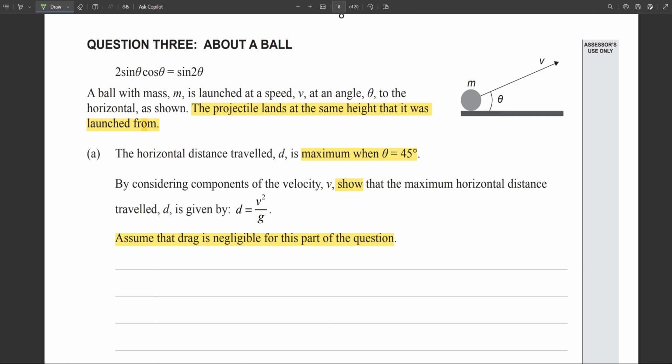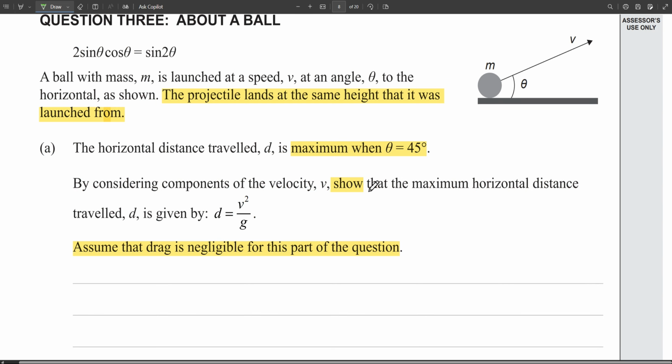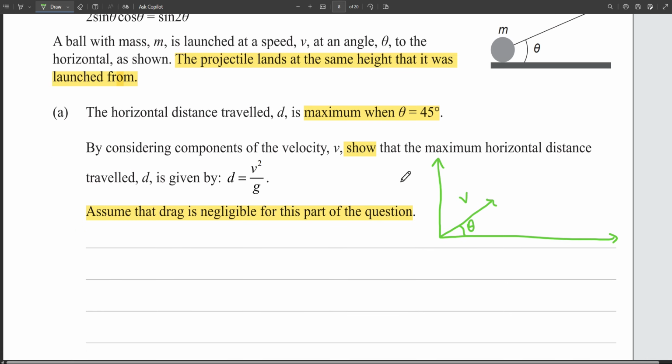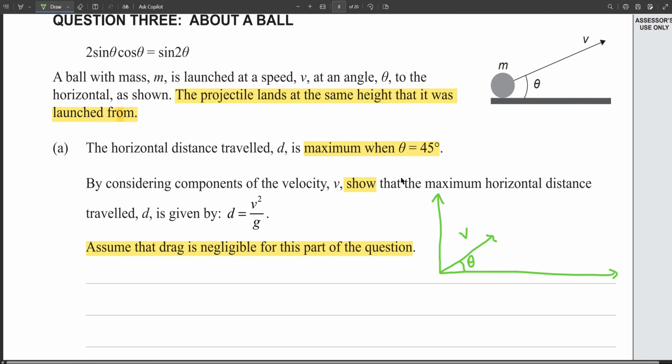Okay, cool. So let's start by just drawing a really quick diagram to show how it goes. But basically, you're going to have some ball launched with some velocity v at some angle theta, and it's going to have a vertical component to its velocity because that's what the question wants you to do.